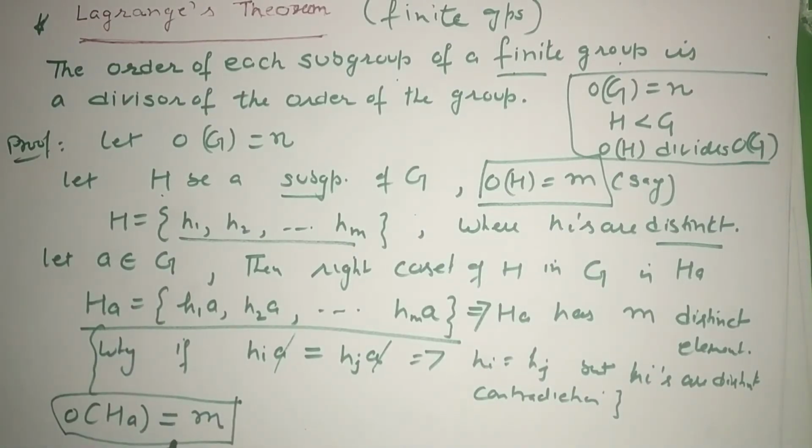Now one thing that we know from the properties of cosets is that any two right cosets are either disjoint or identical.